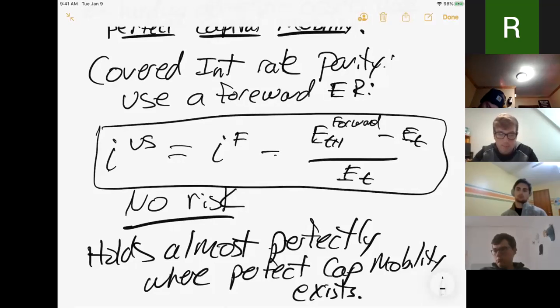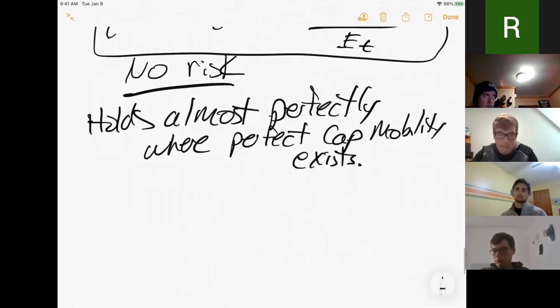Now, for our purposes, this tells us a lot about what drives exchange rates in the short run.